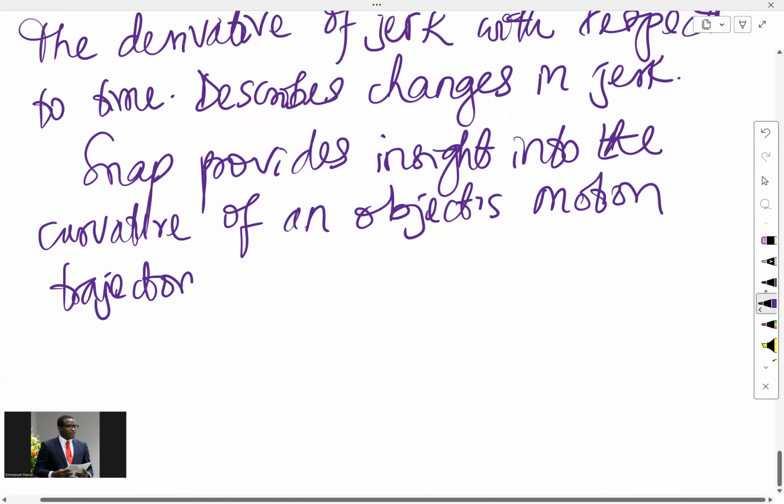So it tells us a bit more about the trajectory of the motion of an object. That's what a snap is.